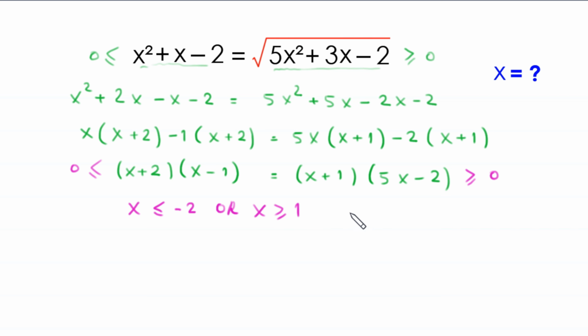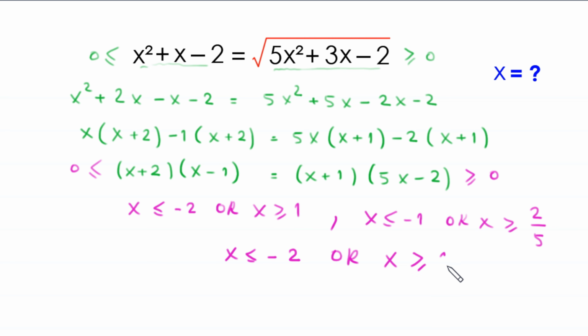And from the other side, x must be less than or equal to negative 1, or x must be greater than or equal to 2 over 5. If we combine these two, we get the domain of the equation: x must be less than or equal to negative 2, or x must be greater than or equal to 1. This is the domain of the equation.